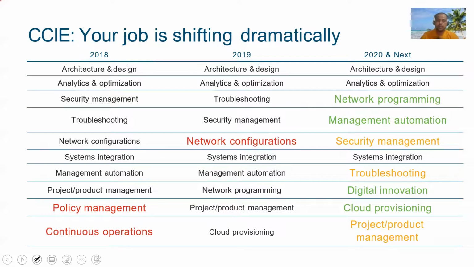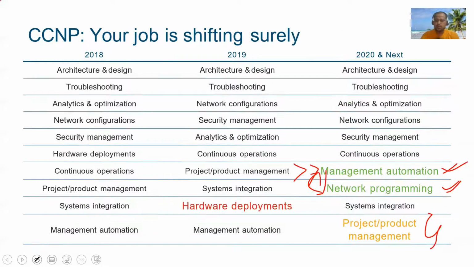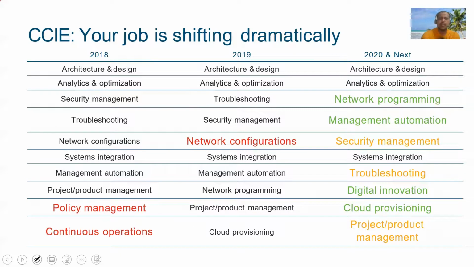Now the third variant, CCIE, and you can see there is a lot of change here. CCIEs are not only doing the designing and the solution architecture, etc., but they should also know network programming, management automation, security management, troubleshooting, the new innovation in terms of digitization, cloud provisioning, and project management. So you can see the area for CCIE has grown a lot.